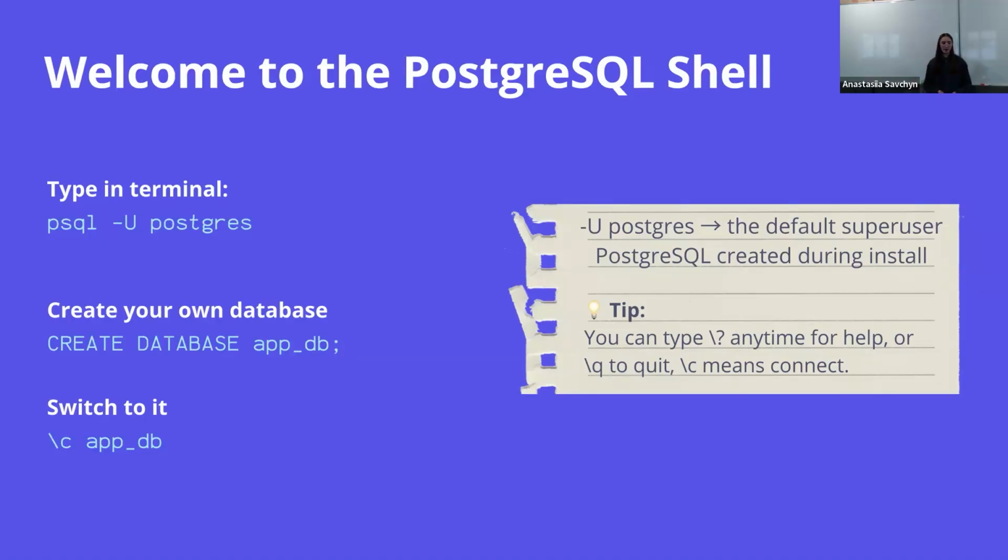It's like an admin, and this username is postgres. So when you are creating all of your other databases, your boxes which will have a lot of tables inside, you have to use this shell, like an admin, to create the database. That is just the way Postgres organizes it.